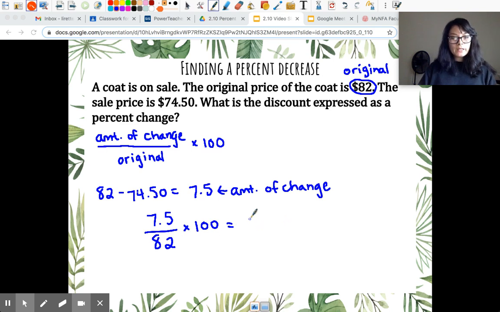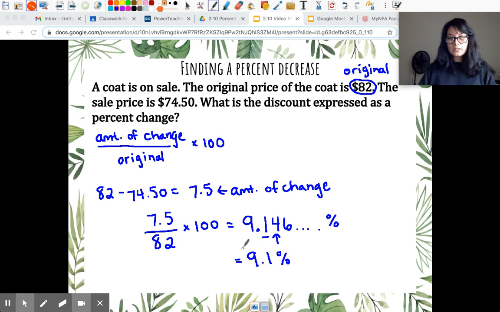After multiplying by 100, I'm getting 9.146, and so on. It just keeps going. So if I want to round to the tenth place of a percent, I'm going to round the 1. So I look next door. If that value is 4 or less, I'm going to let that 1 rest. So it's 9.1%. Here's the discount. It was a 9.1% discount.